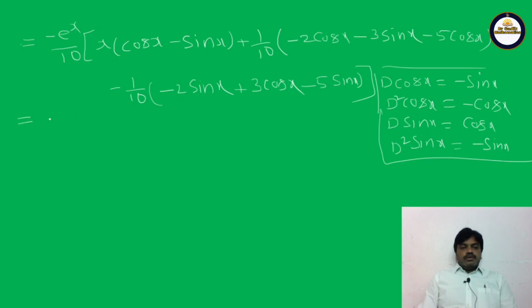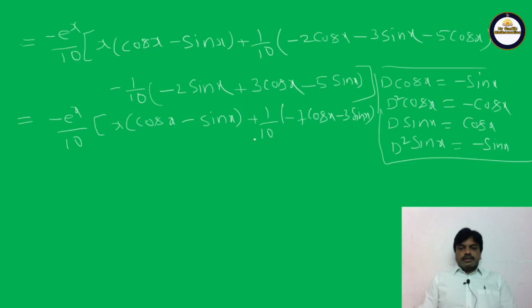So that is equal to minus e power x by 10 into x of (cos x minus sin x) plus 1 by 10 here, minus 2 cos x minus 5 cos x, so we get minus 7 cos x minus 3 sin x. Here also you get minus 1 by 10, minus 2 sin x minus 5 sin x, so you get minus 7 sin x plus 3 cos x.